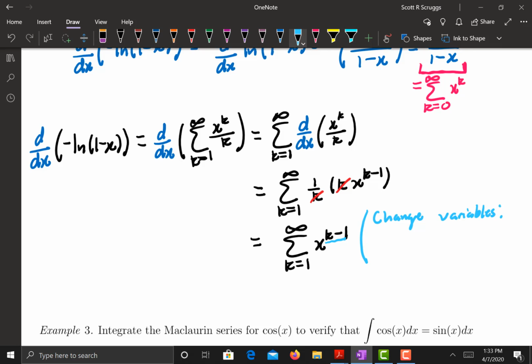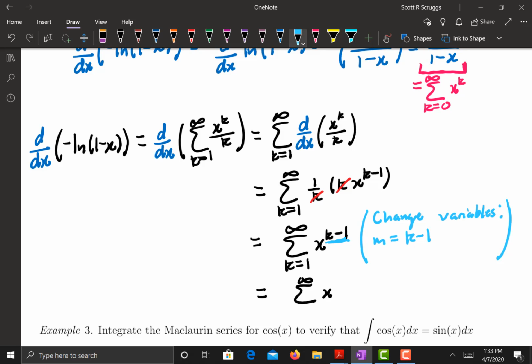index for the series. For this case, I see k minus 1, so my logic is I'm going to set m to be k minus 1. That means wherever I see the old index k, I am going to change it with respect to m. So let's change that series with respect to m now.